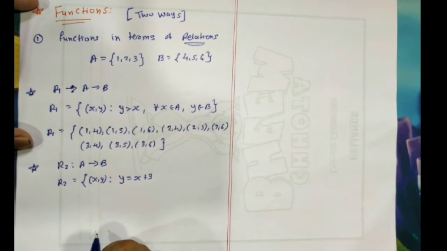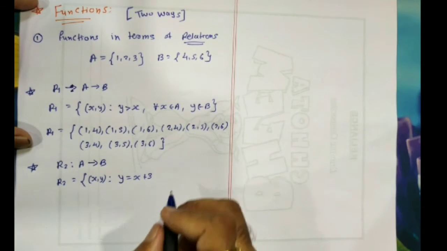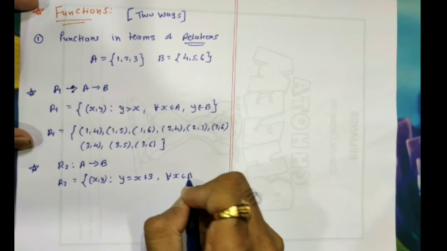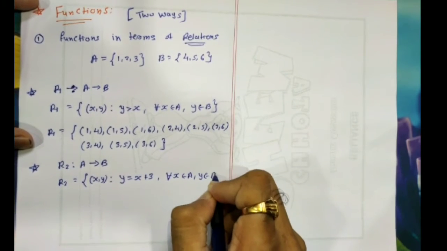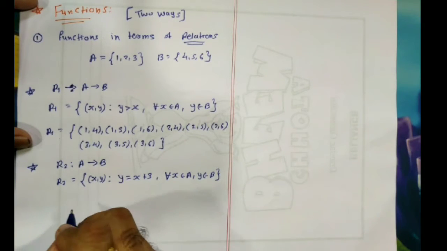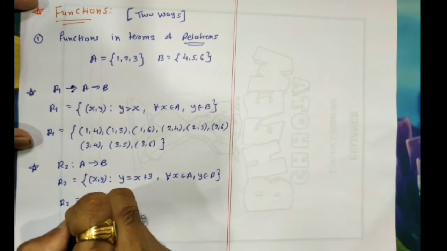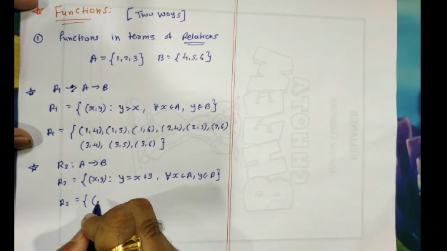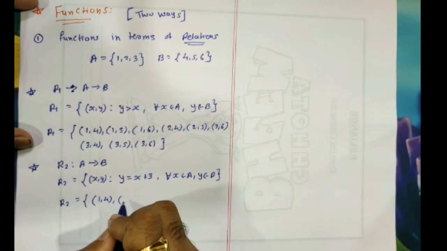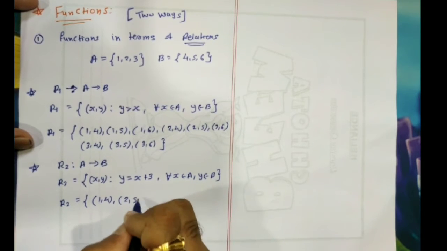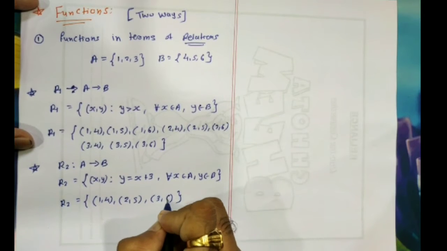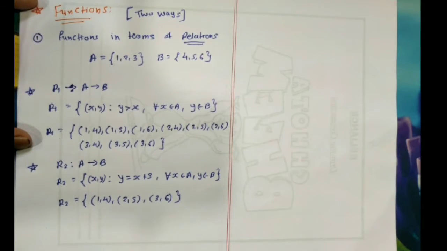The second element of the ordered pair is 3 more than the first element, where the first element belongs to A and the second element belongs to B. So for this relation, R2 equals (1,4), (2,5) and (3,6). These are the ordered pairs of relation R2.